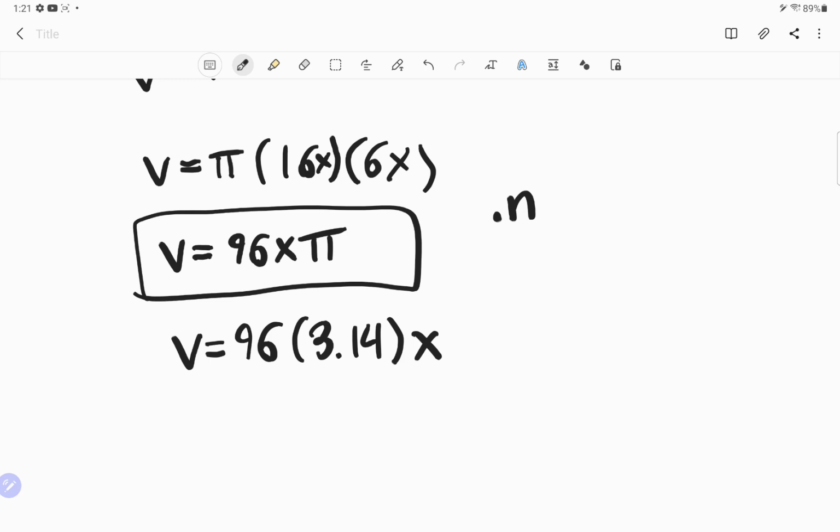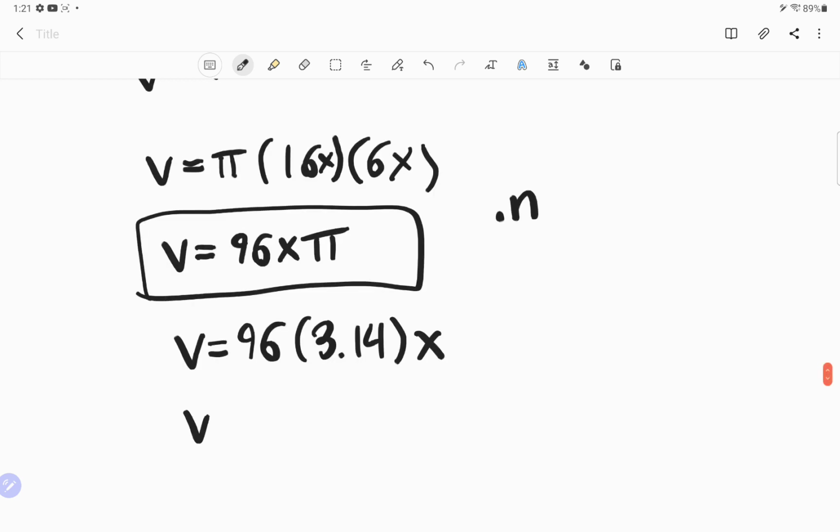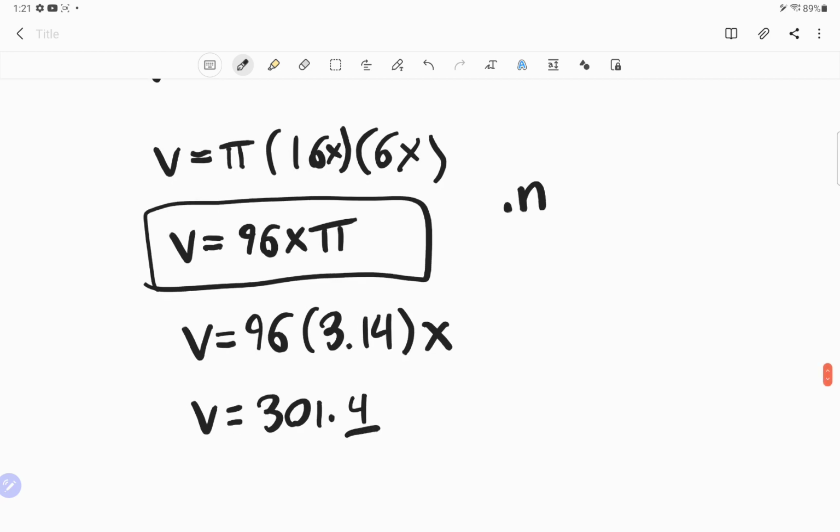So 96 times 3.14 is going to give you volume is equal to 301.4, and that's it.